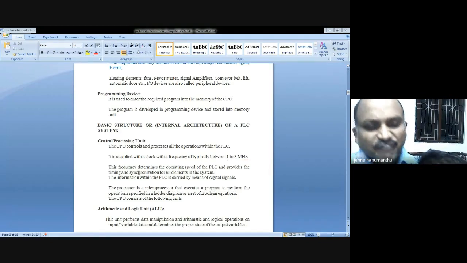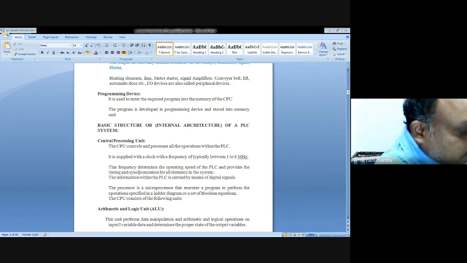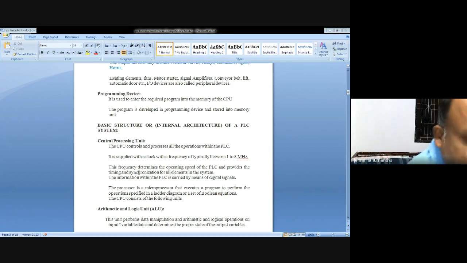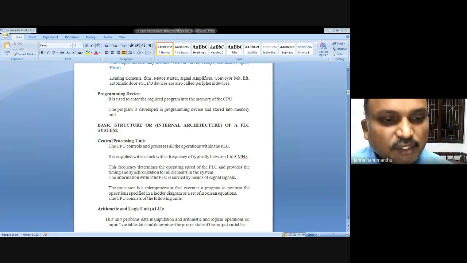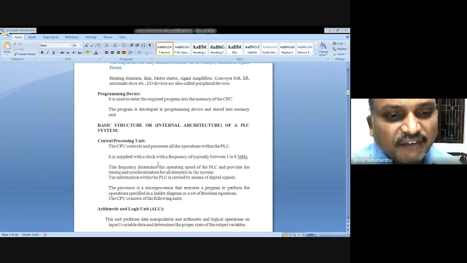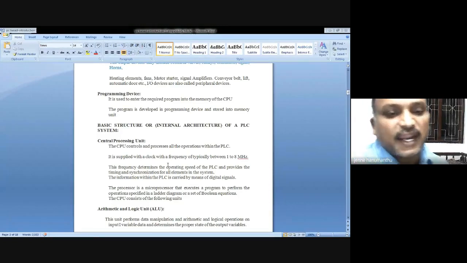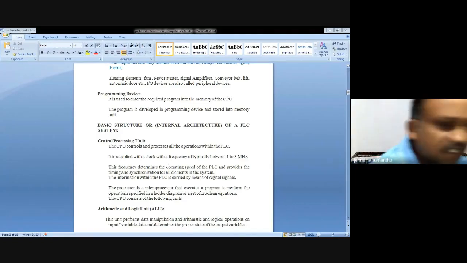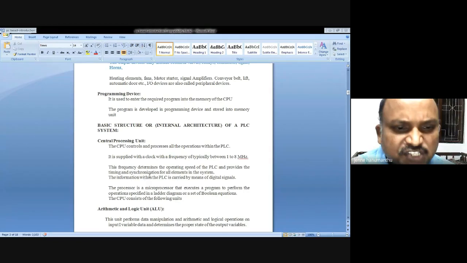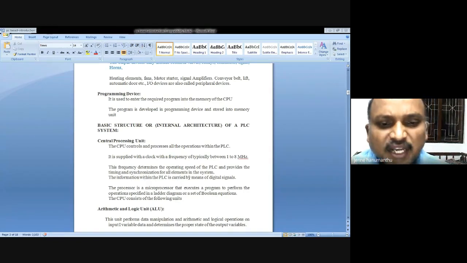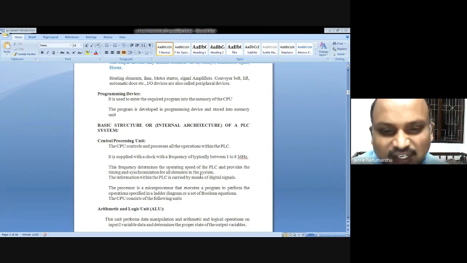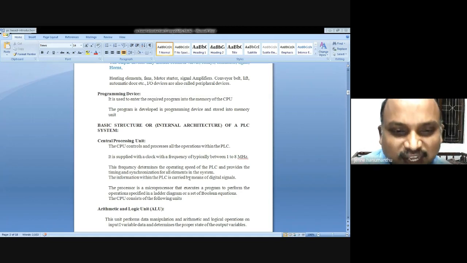You can't control any actions without a processing unit. It is supplied with a clock with a frequency of typically 1 to 8 megahertz. This frequency determines the operating speed of the PLC. Definitely, absolutely it is correct, right?